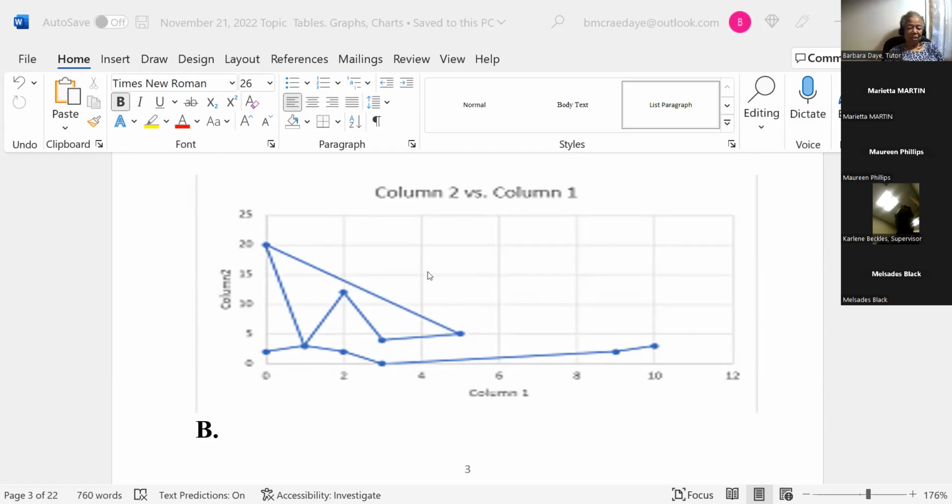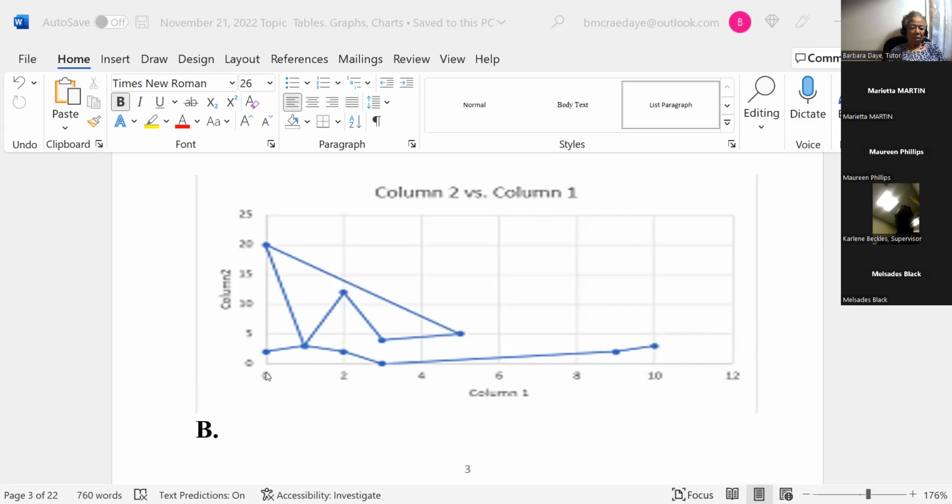Column 2 is the horizontal, I mean 0 to 12. Those values are on the horizontal. And then the vertical, column 2, is from 0 to 25. Or if you want to say this is the X line on your coordinate grid, and then the vertical is the Y line. Okay? Can you see the numbers? The numbers are so light.